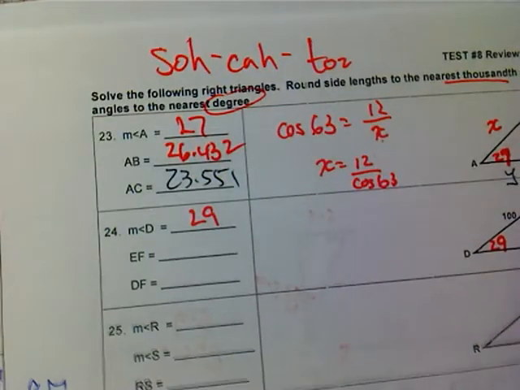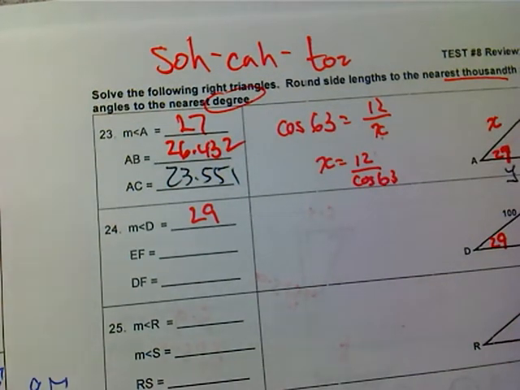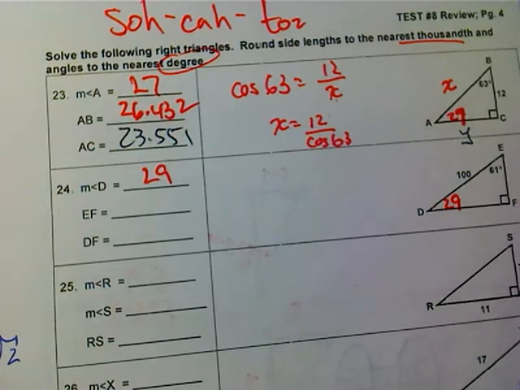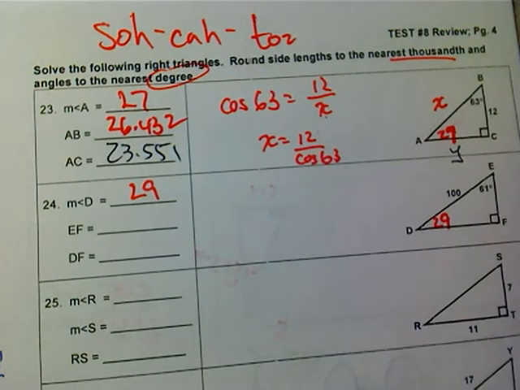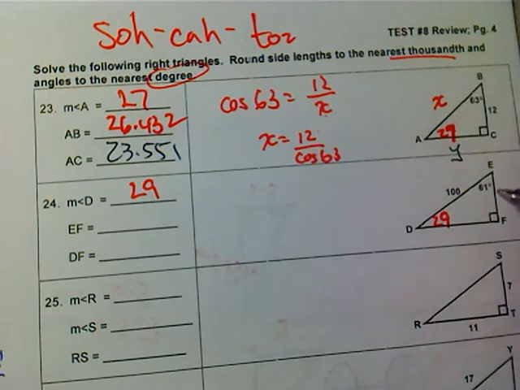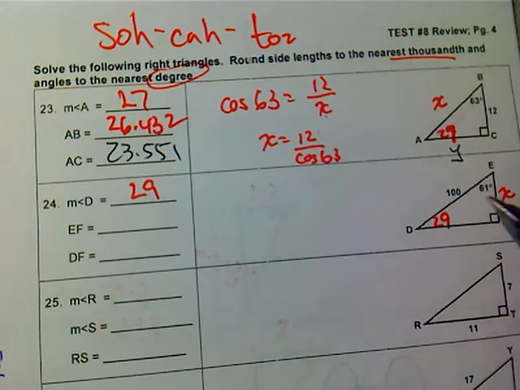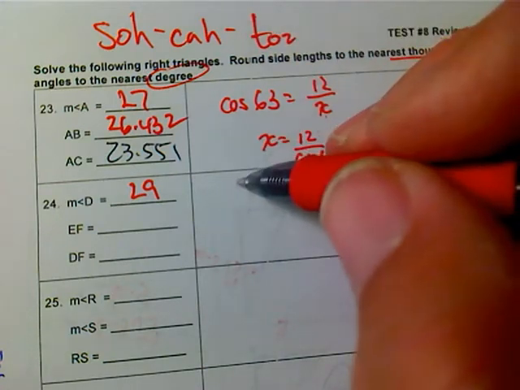All right, let's look at number 24. So on number 24, we've got this right here. We already found that 29, and I want to find EF. That's this side over here. So relative to 61, this is adjacent and hypotenuse. Adjacent and hypotenuse, that's the cosine.